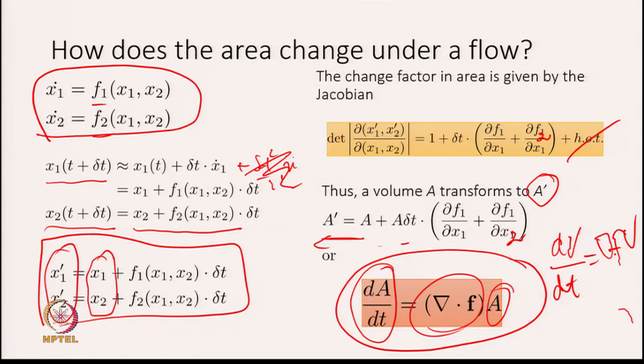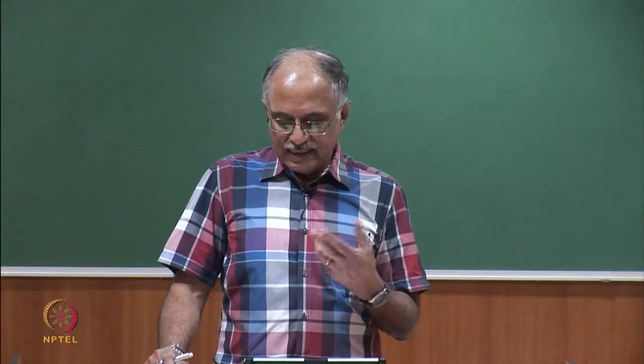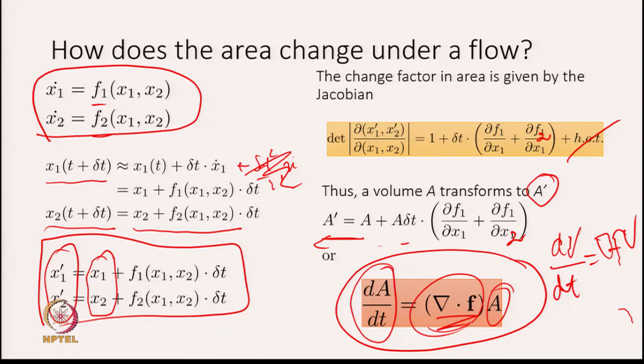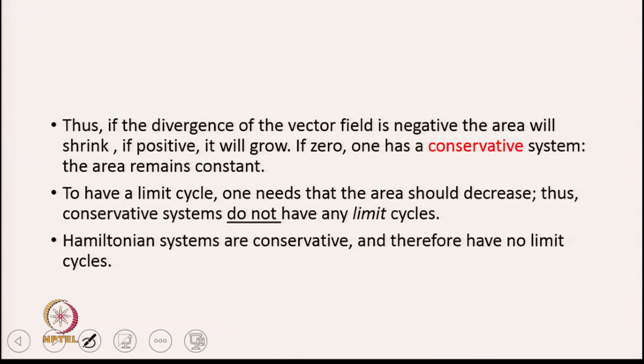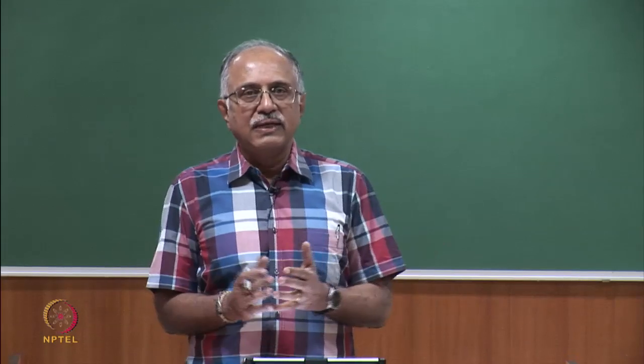And this says that the area, or more generally the volume, changes at an exponential rate, where this exponential factor is given by the divergence of this vector field. If the divergence is negative, this means that the area will shrink.